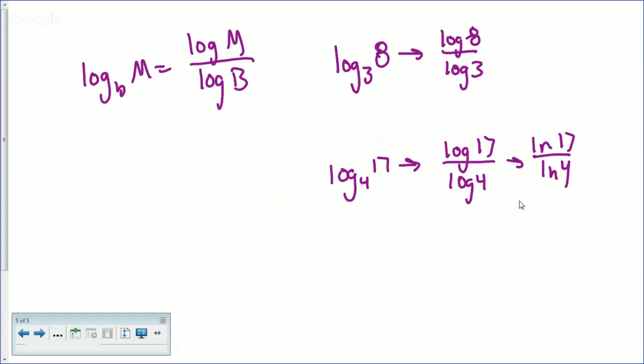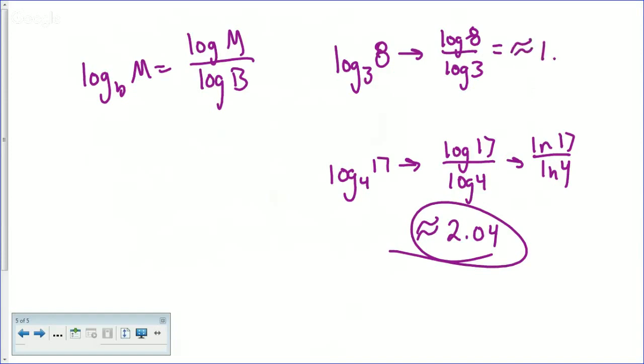So I'd say log of 17 divided by log of 4, and that would give me about 2.04. Okay, and this one up here, log of 8 over log of 3, that would give me about 1.89. So again, these are not exact answers, but they're an estimation, a pretty close guess.